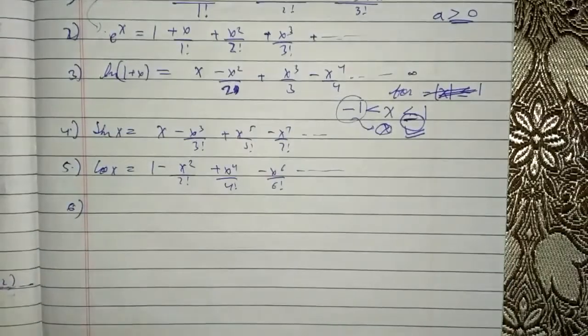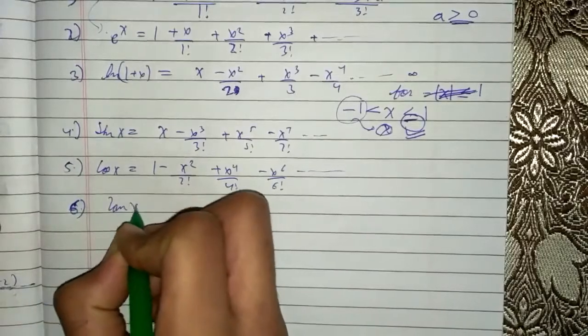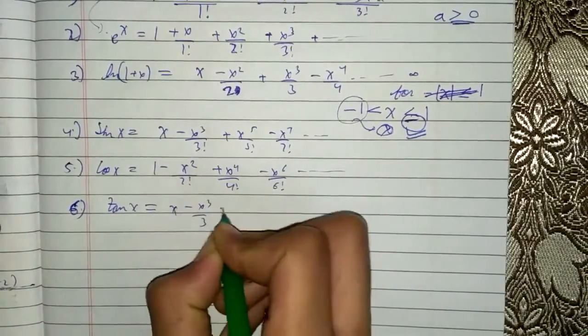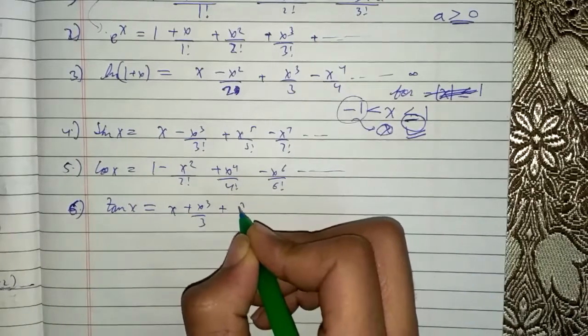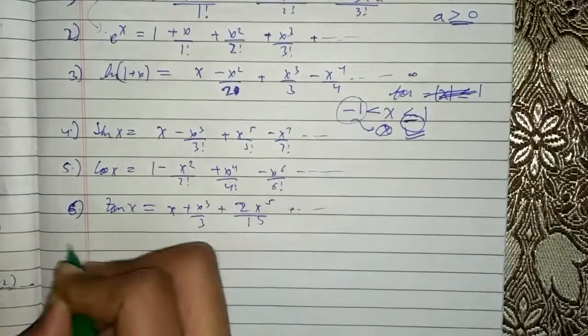And sixth is tangent of x is equal to x plus x cube by 3 plus 2 times x to the power 5 upon 15 and so on.